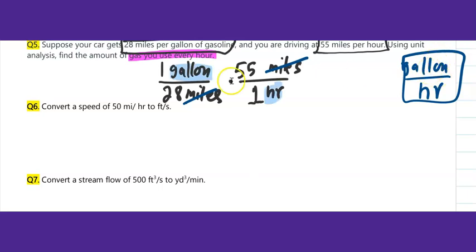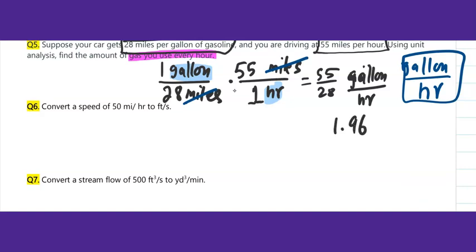That's what I want. So to simplify, you multiply 1 with 55 and 28 with 1, and you divide 55 by 28 gallon per hour. That gives you 1.96 gallons per hour. Okay, that's the answer.